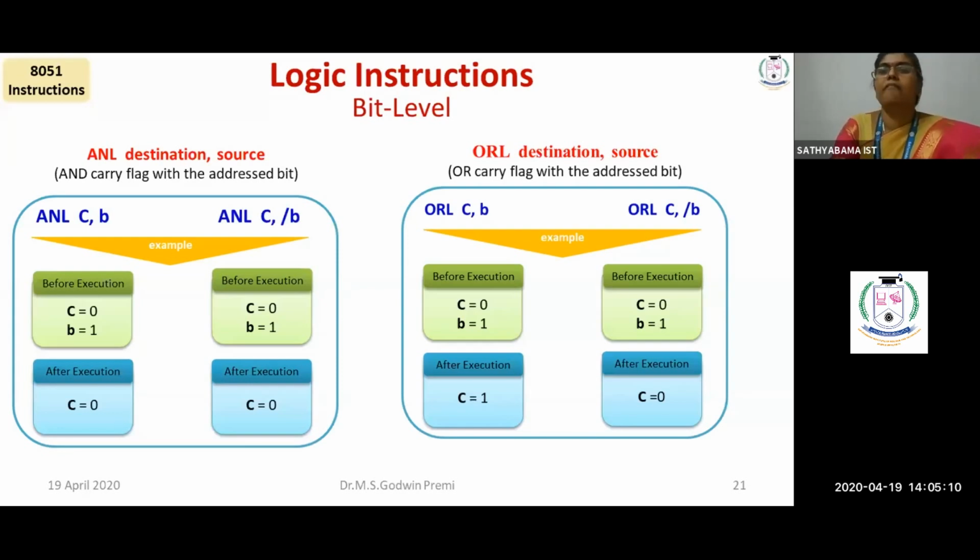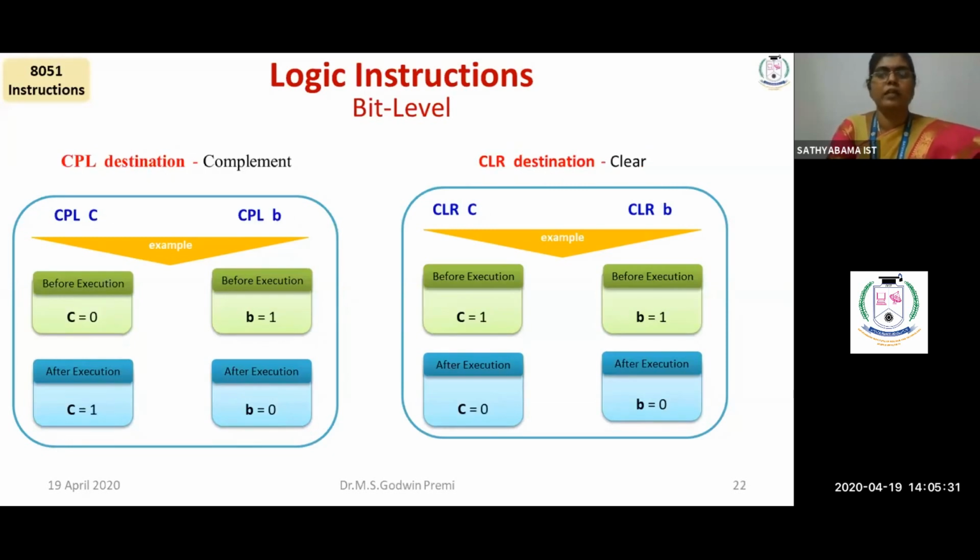In the same way, we can perform logical OR. Here it is also a bitwise operation. So OR carry flag bit with the addressable bit. So whatever we have in the carry flag bit, it will be logically ORed with the addressable bit. It is a 1 bit operation. Coming to the next one, it is complement.